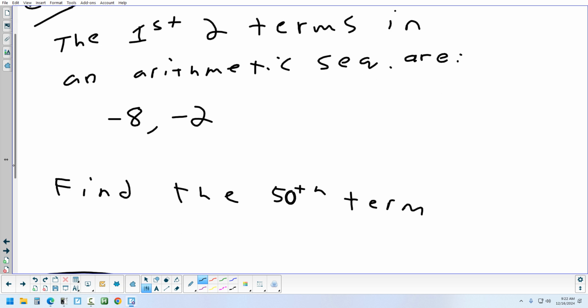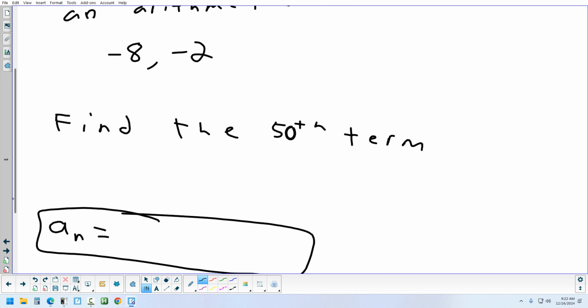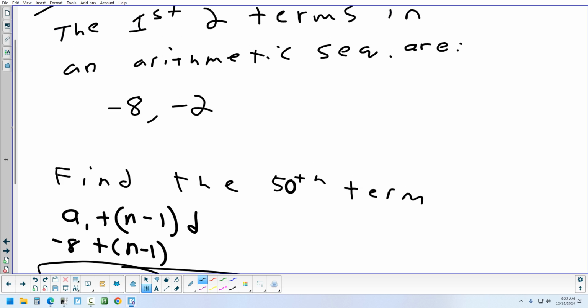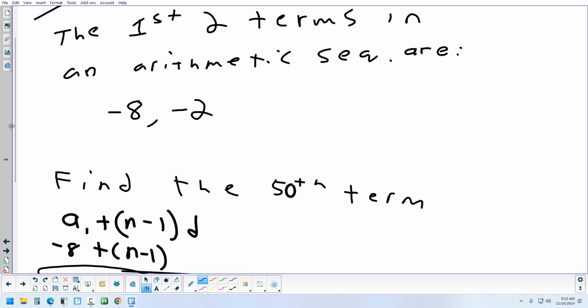All right, so let's see if we can come up with a formula. Okay, so we'll fill that in. What's my first term? Negative 8. And this time, you got to figure out what you're adding to get from negative 2 to negative 6.